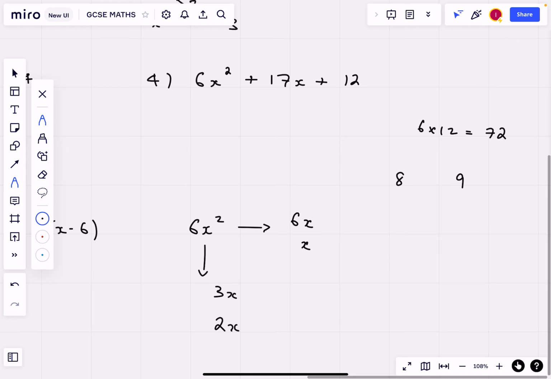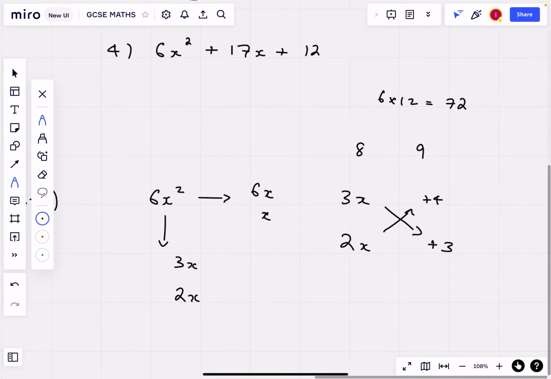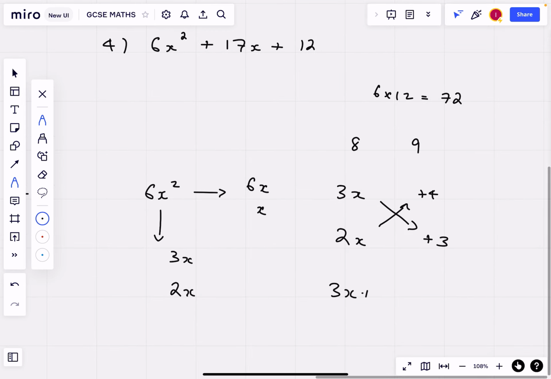So both our factors can be divided by a coefficient. So we're going to pick this splitting of 3x and 2x. When we do that, we get plus 3 and we get plus 4. Okay, so 3x plus 4 and 2x plus 3. There we go, factorizing harder quadratics.